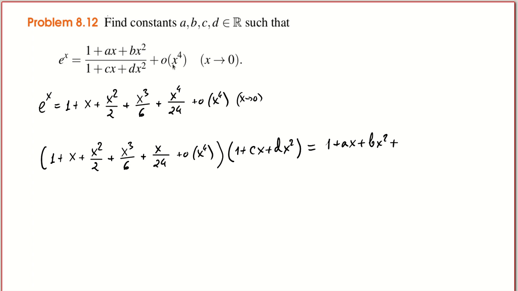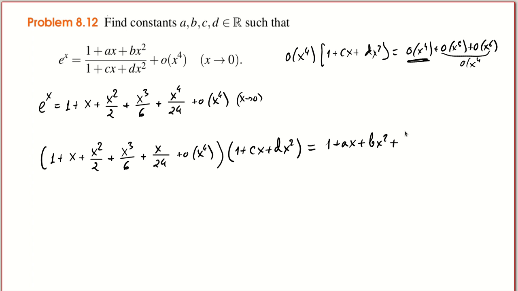But if you do that, we get here o(x^4) plus o(x^5) plus o(x^6), because constants are irrelevant, and when you multiply x squared by o(x^4), you get o(x^6). But of course, these are all o(x^4), so actually this is just o(x^4).